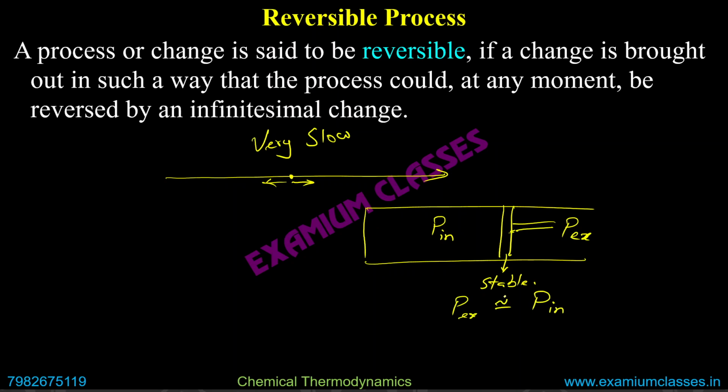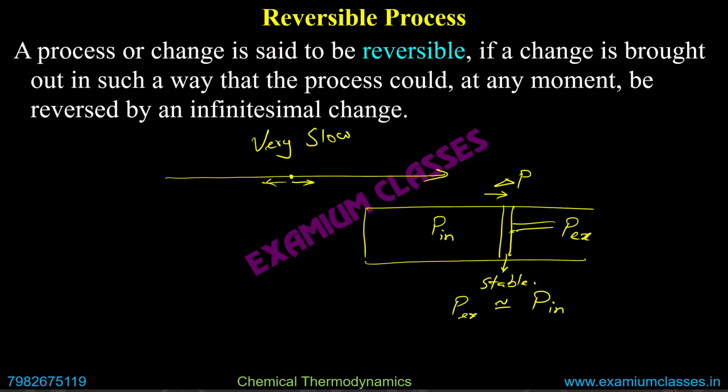I am writing just approximately, but if it is an ideal reversible process, we will say these are actually equal at any point of time. The process is very, very slow. So the direction of the process can be changed by a slight change in pressure in this case. Suppose you apply delta P pressure in this direction, which is infinitesimally small.